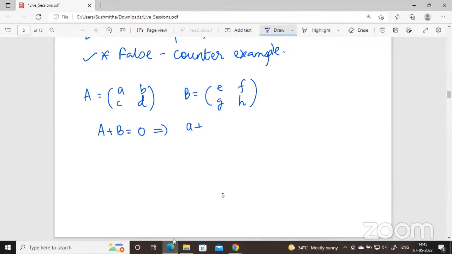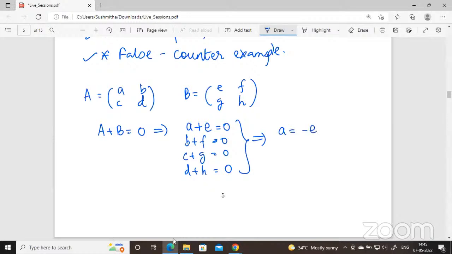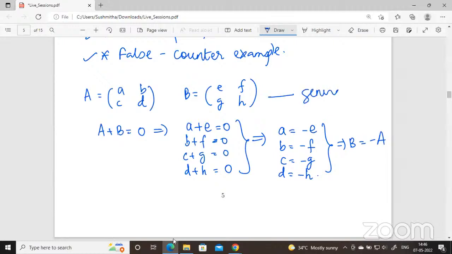So A plus E is 0, B plus F is 0, C plus G is 0, D plus H is 0. So from these, I can tell A is minus E, B is minus F, C is minus G, D is minus H. This is nothing but B is minus A. Right? Yes. So this is the general proof.